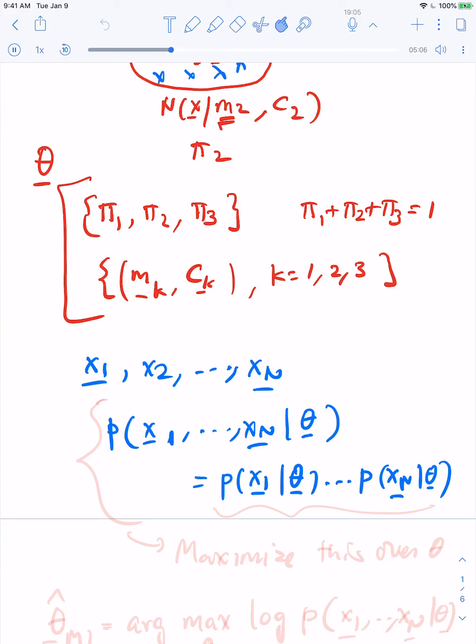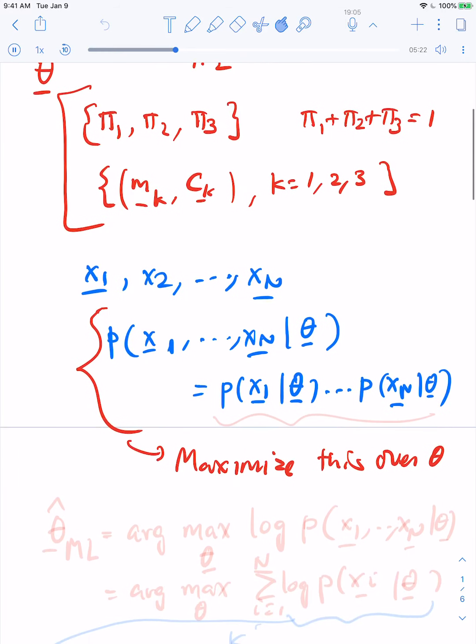Given the data points, the maximum likelihood estimate of theta is just to maximize this over theta, right? That's how we fit a Gaussian mixture model or any model to the data. One very popular way of fitting it is ML. Because I have this independence, the density of the data decomposes into this product across the data points.